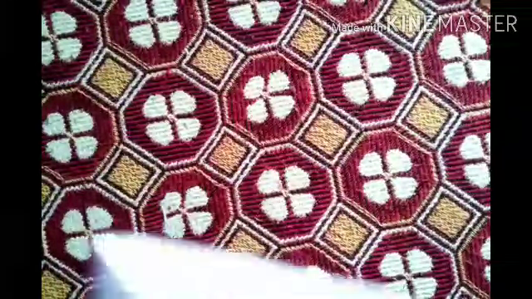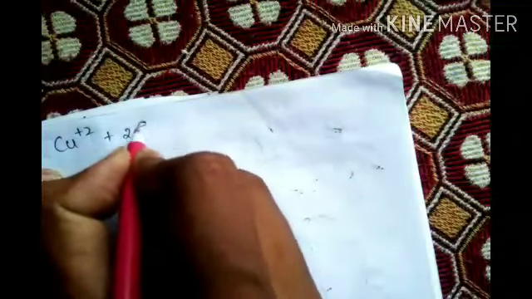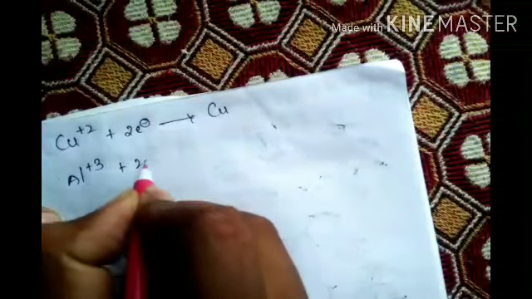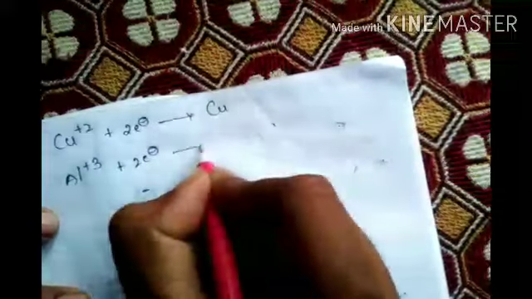Now, first you take a normal thing, I will explain. For example, in copper sulfate, Cu2+ takes 2 electrons and becomes Cu. Like that, Al3+ takes 3 electrons and becomes Al.